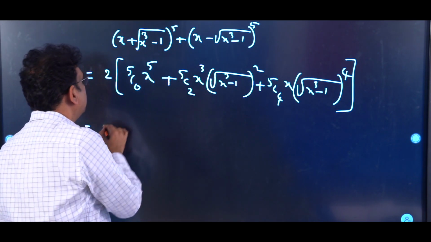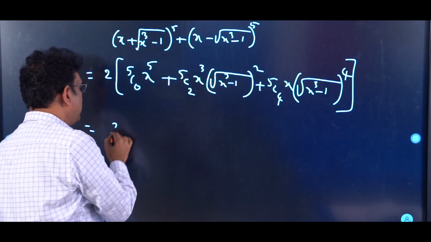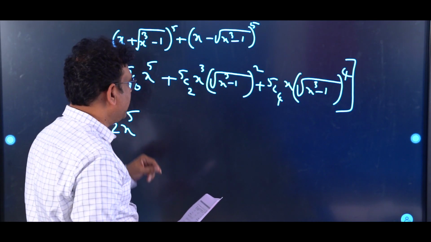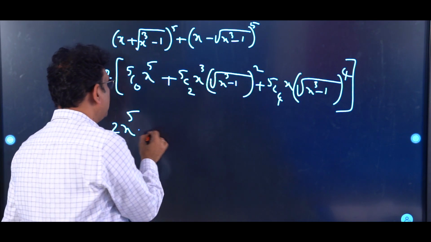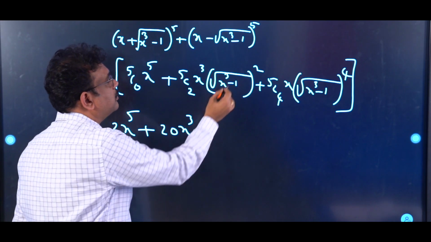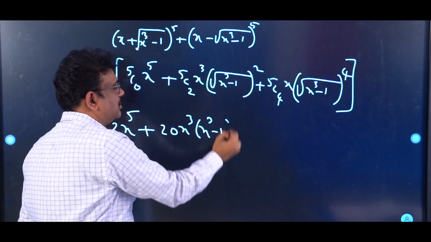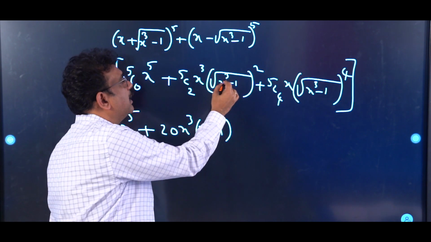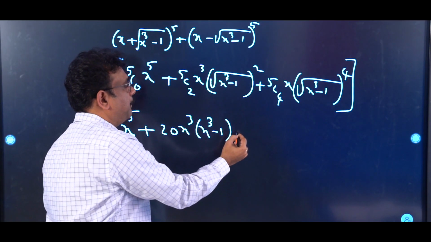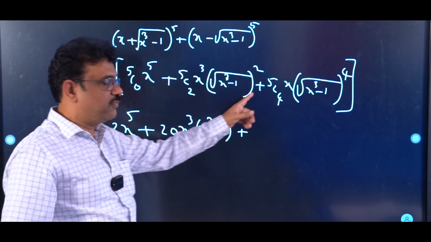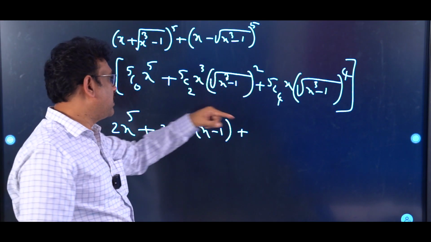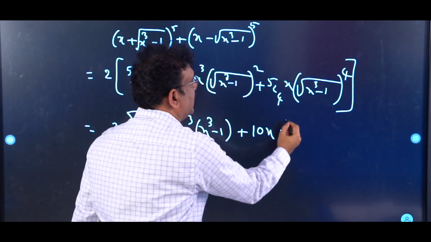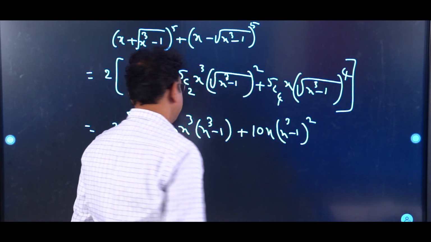So this is equal 5c0 is 1, 2 into 1, that is equal 2 x power 5. 5c2, that is equal 10, 5 into 4 by 1 into 2, 10, 10 into 2, 20 into x cube. Now here square root of this whole square equal to x cube minus 1, plus 5c4 means 5c1, 5c1 means 5, 5 into 2, 10 again, 10 into x, next (x cube minus 1) whole square.